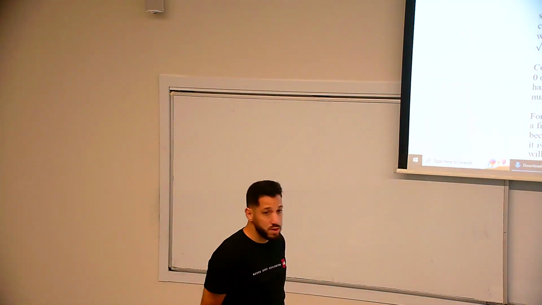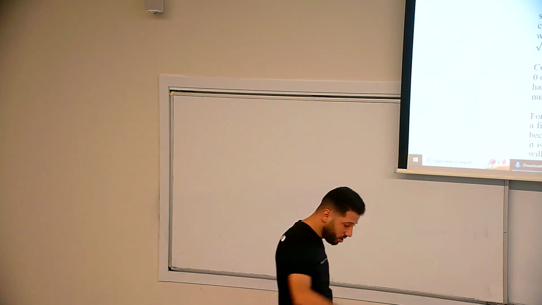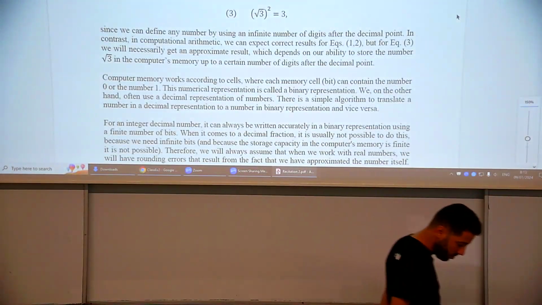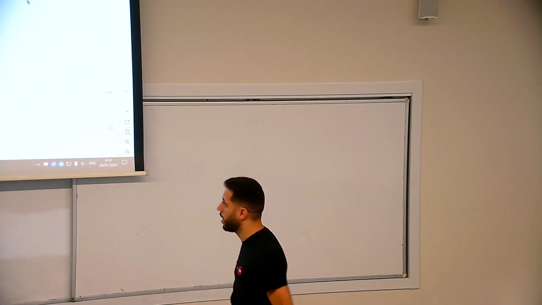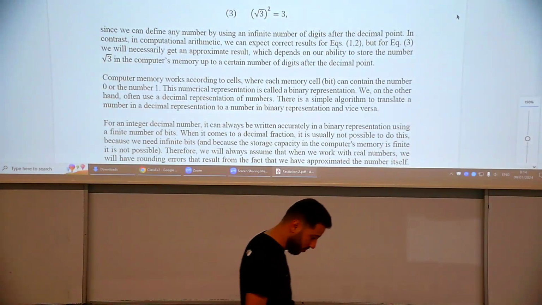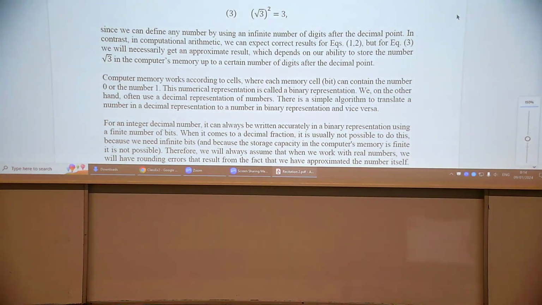So we can approximate this square root of 3 up to any accuracy that we want in real life, in our mind, or in abstract math. But on a computer, we have given types of variables that we define, and we can assign the error based on that type.